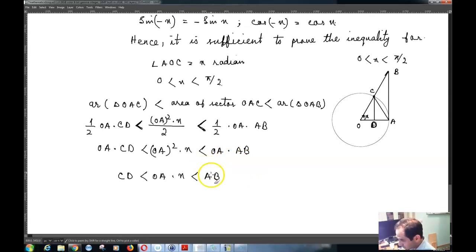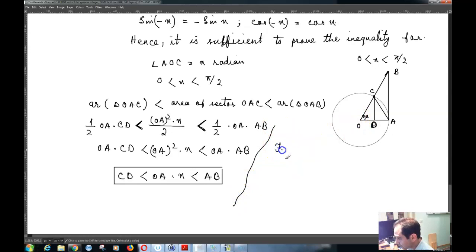Now, so this is one equation that we can use later. Now, from this triangle OCD, let me write this over here.